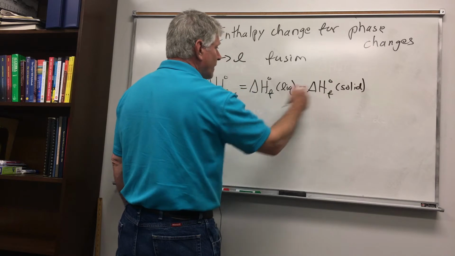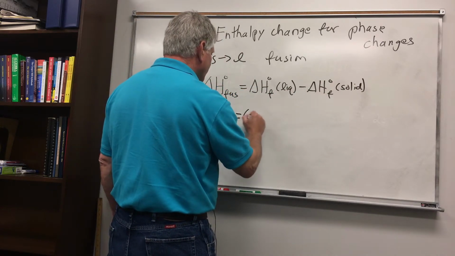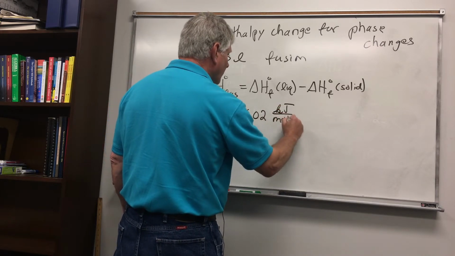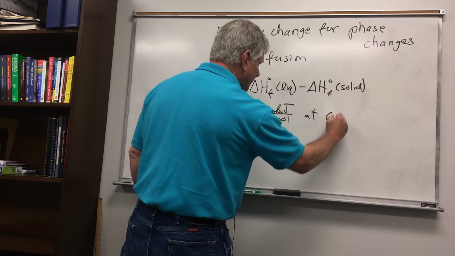So we're going from solid to liquid, melting. And so for water, this is 6.02 kilojoules per mole at 0 degrees centigrade.